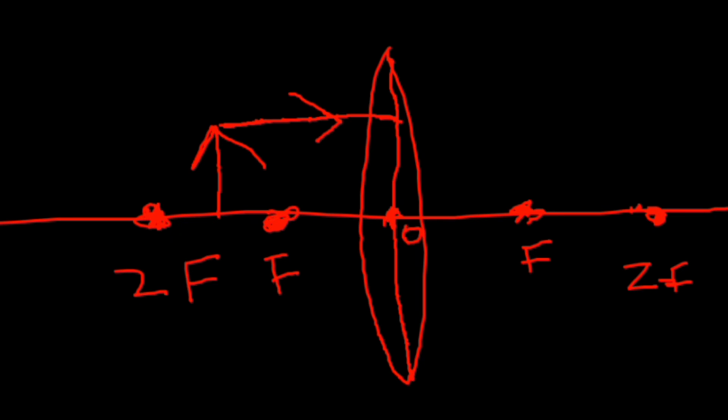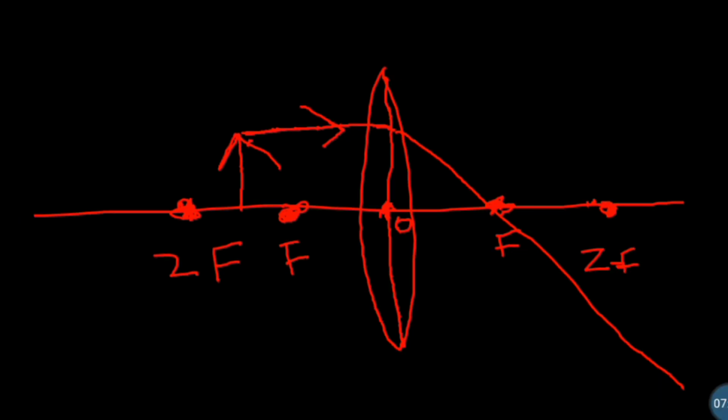When this ray passes through the lens, it passes through the point of focus. Draw another line which also starts from the top of the object and passes through the point O and moves straight.